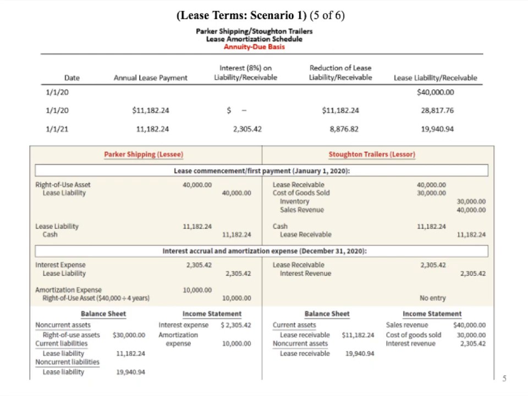So then tomorrow, on January 1st, we will receive the full payment of $11,182. That consists of these two parts, a reduction in lease receivable and then the interest part built in there. If you look at it, there's no interest receivable, but rather lease receivable.